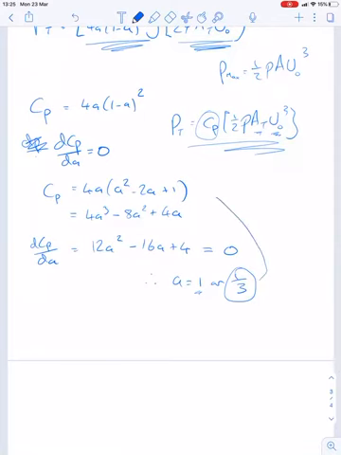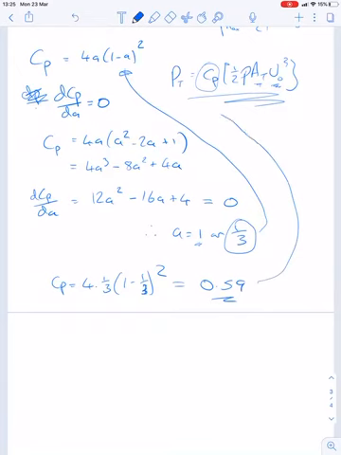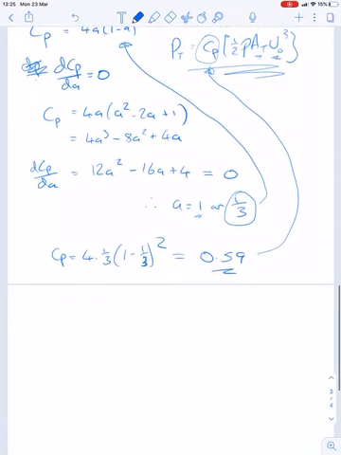So then we can plug this value back into the CP equation, and CP equals 4 times a third times (1 minus a third) squared, and when we work this out, this comes out as 0.59. So then this goes into our equation here. This is the maximised version, so Pt equals 0.59 times a half density A_T u naught cubed.